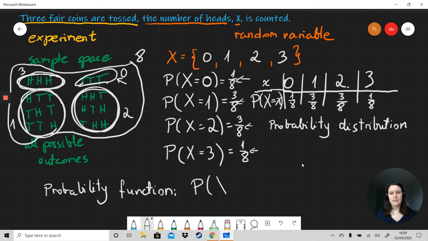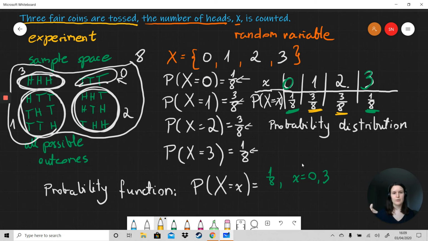So the probability that the random variable is equal to x: I have two values of 1/8, so I can just write 1/8 for x equal to 0 or 3. And then the other value is 3/8, so I don't have to list it twice. I can just include it one time in one row. The probability 3/8 is for x equal to 1 and for x equal to 2. And that's the probability function.